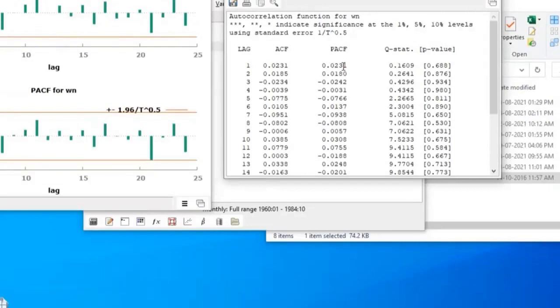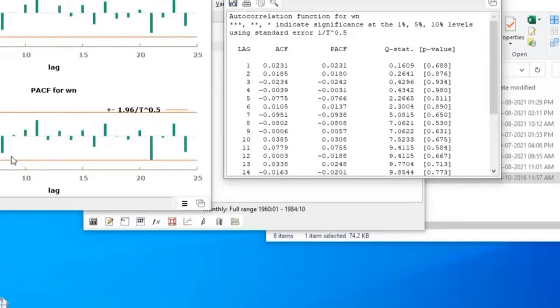It is enough that we report the ACF and PACF. If any autocorrelation coefficient is above the confidence level, that is, if we have any significant spike, that is different from zero statistically.